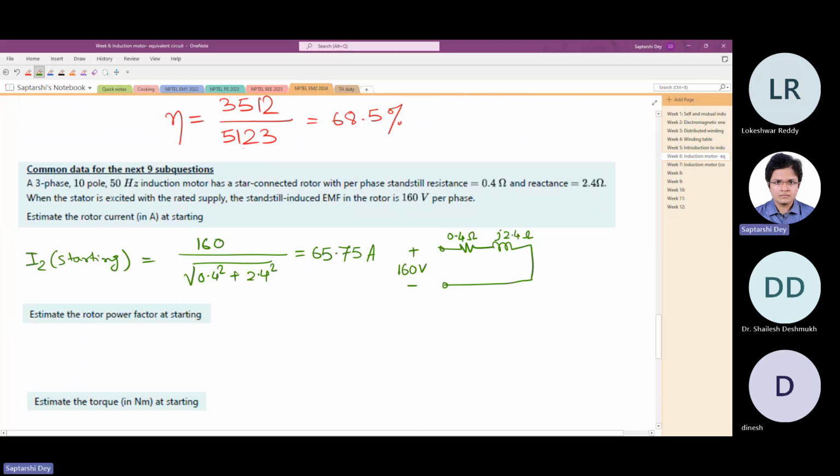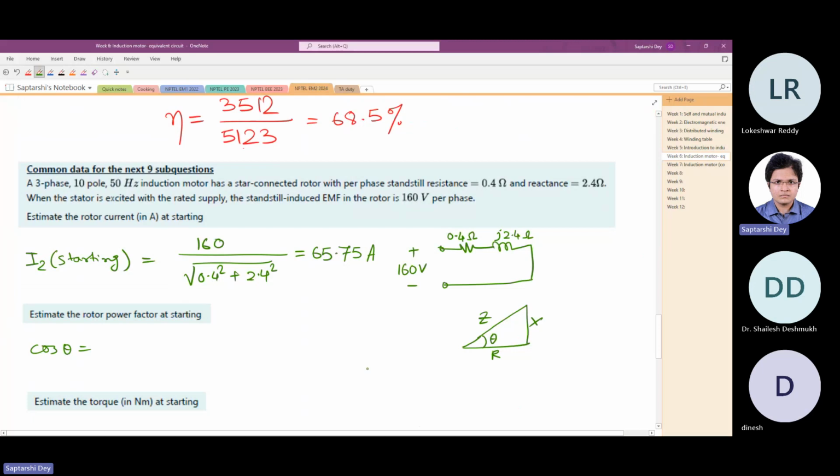Okay, power factor. So power factor is simply cos theta.